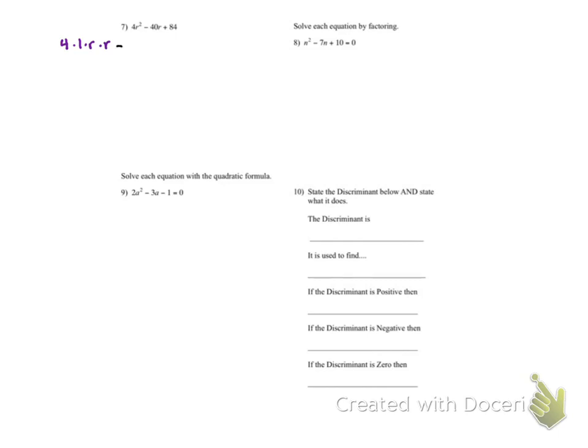Minus the 40r breaks down to 4 times 10 times r, plus the 84 breaks down into 4 times 21. So looking for a common factor, each one of these has a 4.